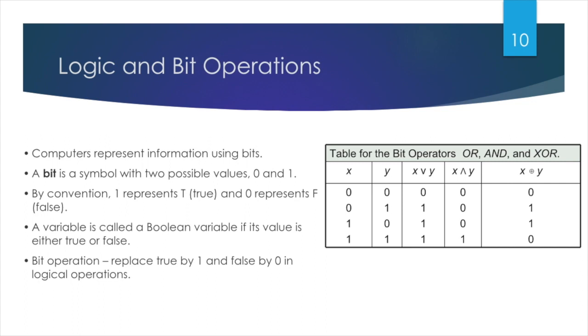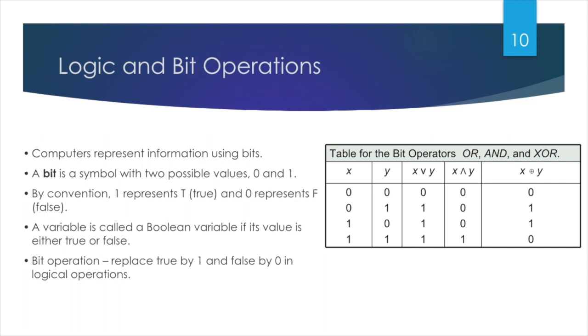Now, 1 always represents true and 0 always represents false, and the value could be used as a Boolean variable if the value is either true or false. So the bit operations are the same. You just convert X to P, Y to Q, and put the truth table 0, 0, 0, 1, 1, 0, 1, 1, and then X or Y, you fill the truth table based on the OR gate, the AND gate, and the XOR gate.